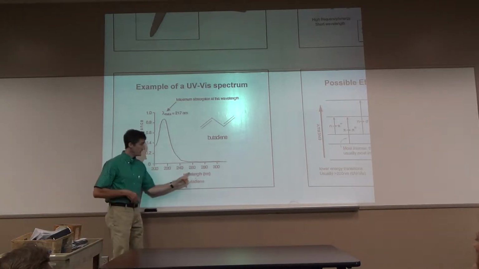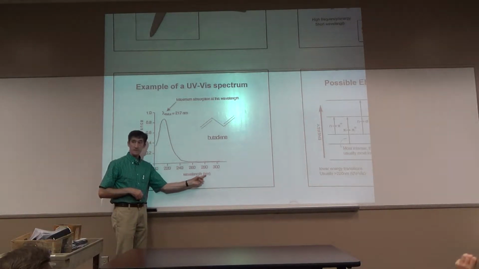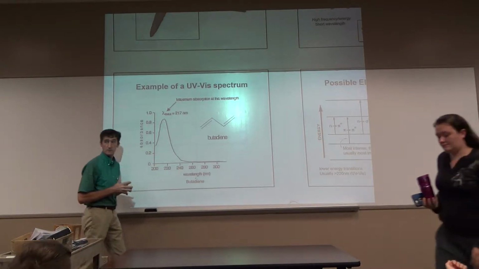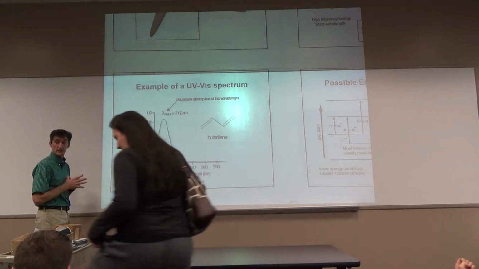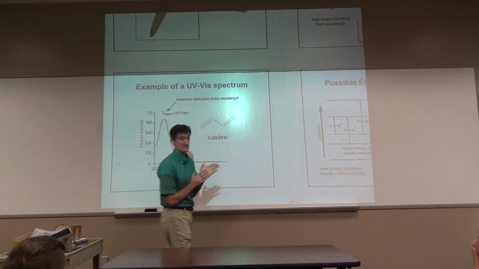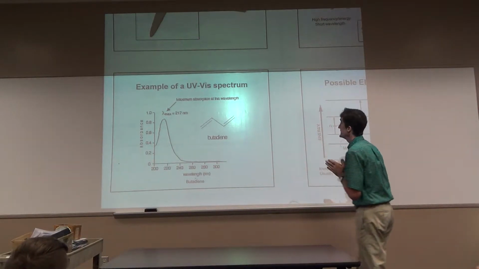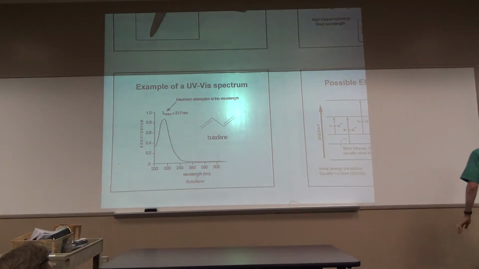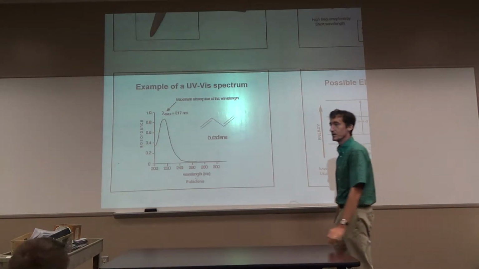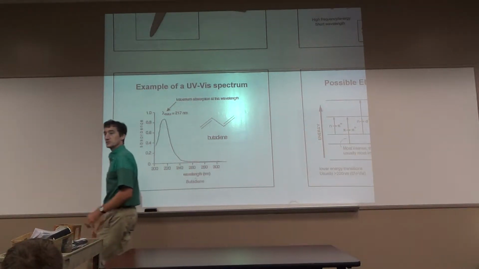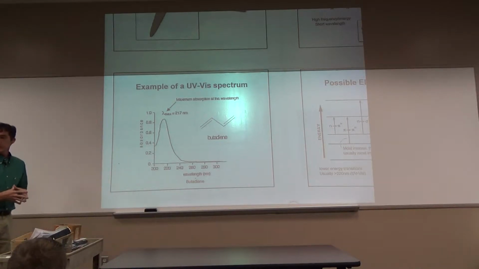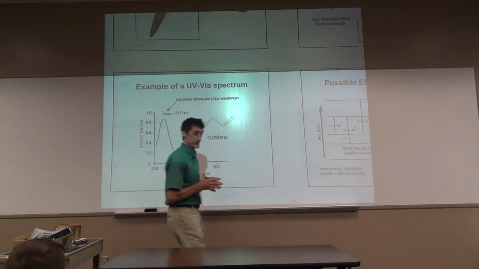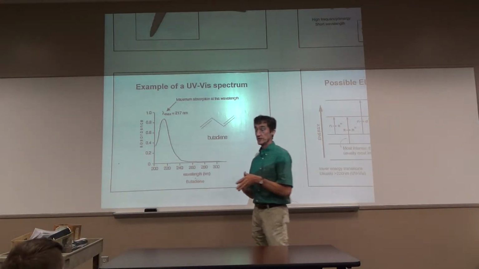Does it make sense that this should be nanometers? Why? Because typical wavelengths in the ultraviolet range are in nanometers. What's typical wavelengths in IR?